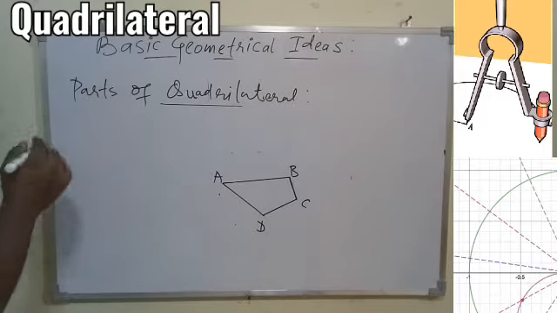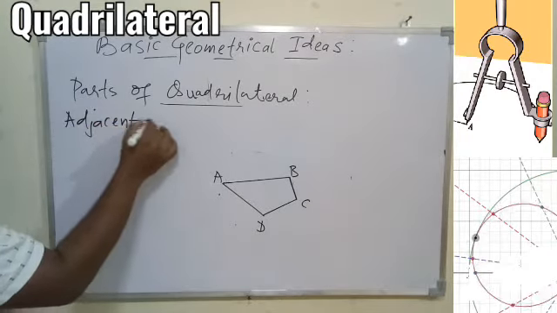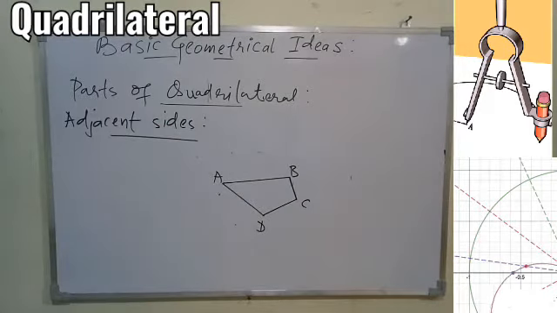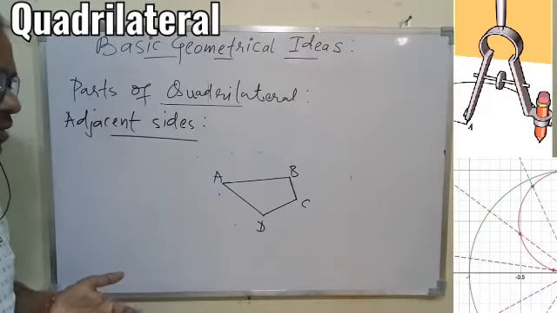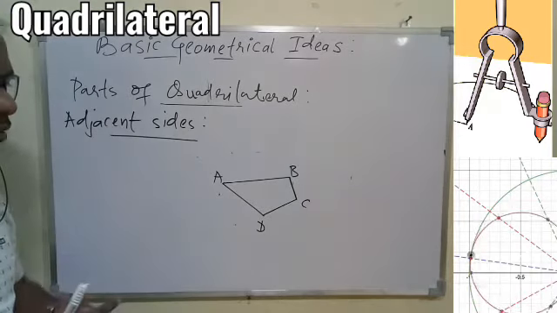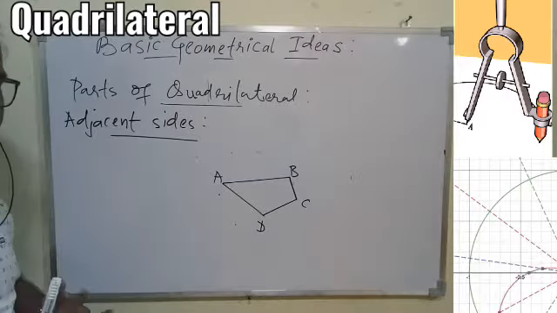Then we can go for the next one, that is called adjacent sides. So again we know the sides which are next to each other, that is, two different sides which are having a common vertex, which is nothing but adjacent sides.